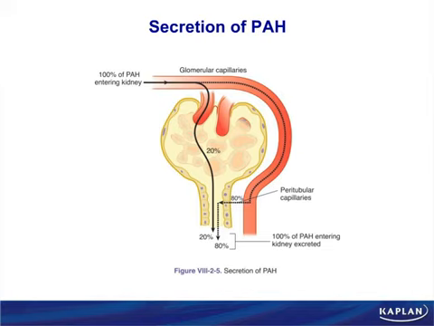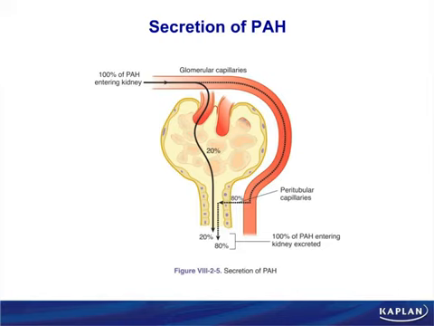Now, we said earlier that the filtration fraction is 20%, and that's still true here. 20% of that renal plasma flow will be filtered, and therefore 20% of the PAH will be filtered right here at the glomeruli. The other 80% will be secreted at the peritubular capillaries.